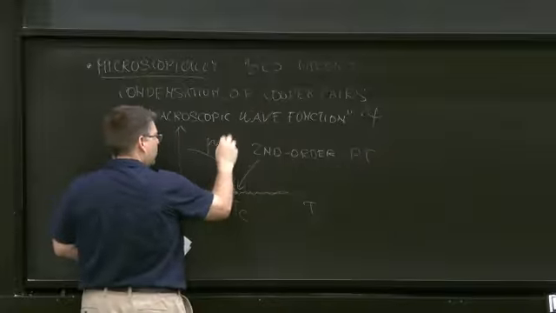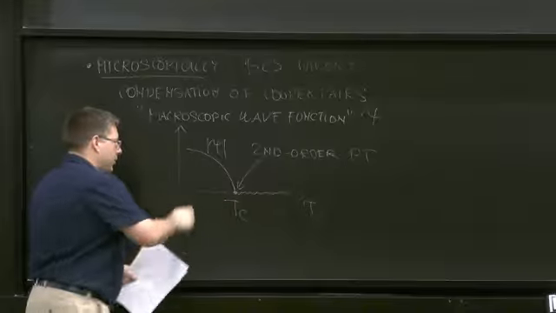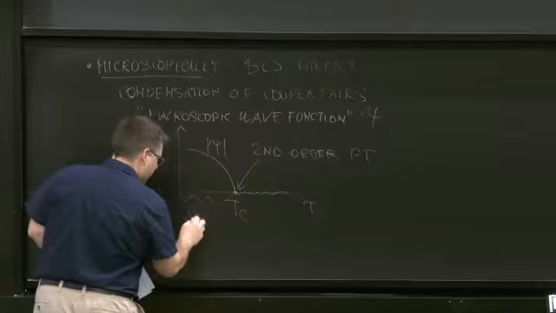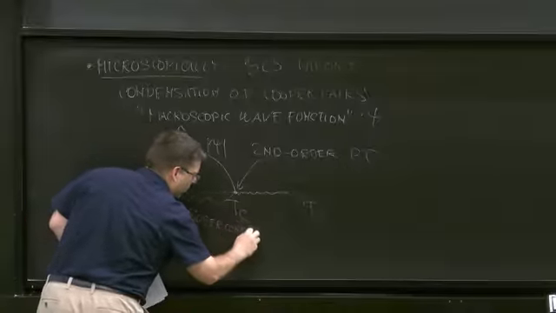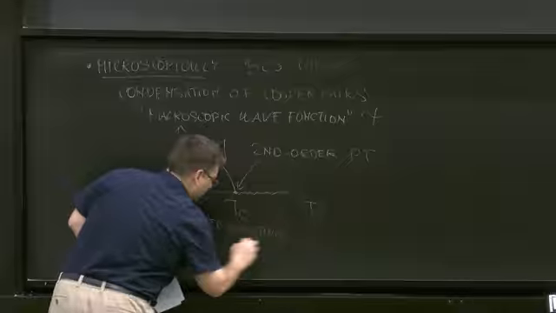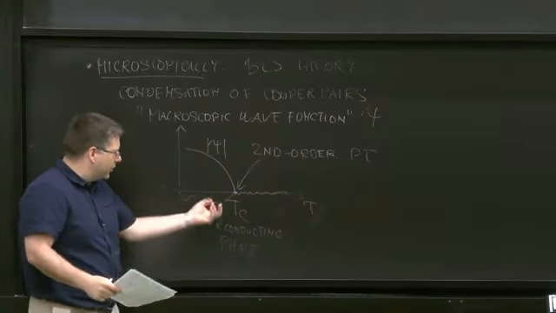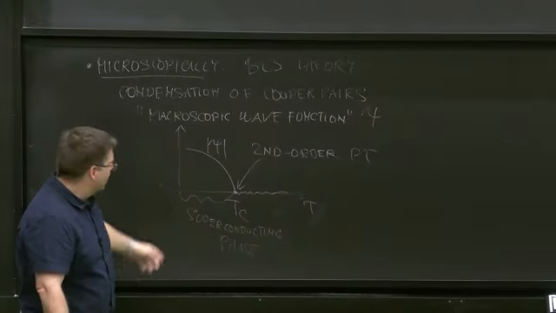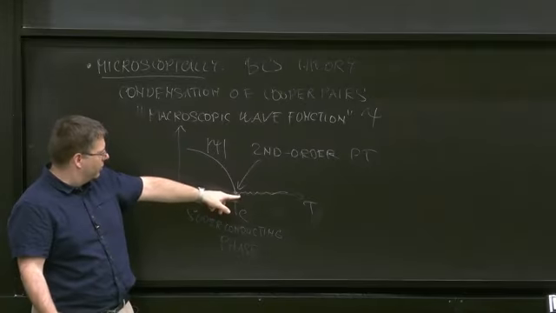And here you will have a non-trivial condensate of these Cooper pairs, and here you are in the superconducting phase. So basically, below the critical temperature, you start condensating these things. It's a second order phase transition.